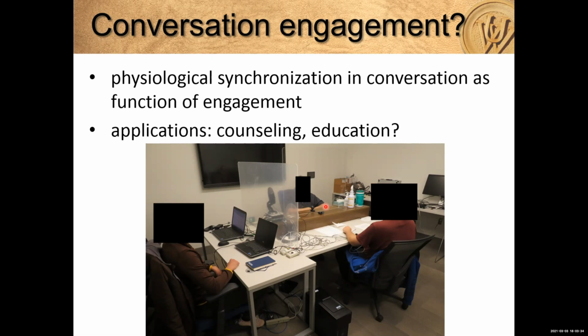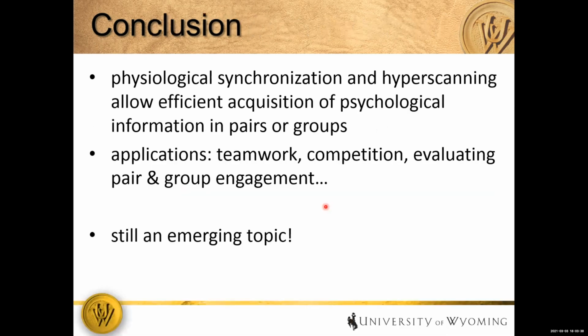So I will stop my list of examples here and just try to summarize. Physiological synchronization and hyperscanning is just a way to acquire physiological information from pairs or groups of people. And then you can use this to enhance teamwork, competition, paired and group engagement.